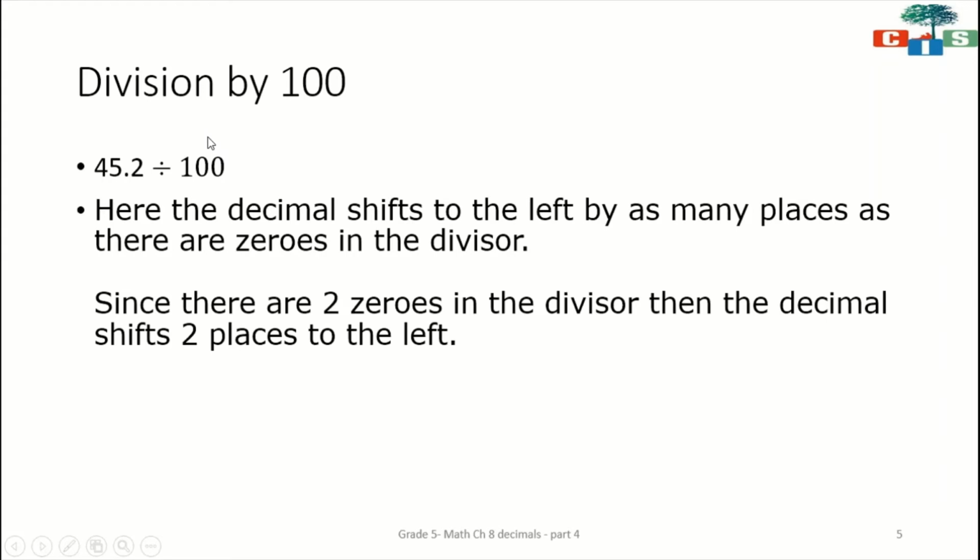We have 2 zeros in 100. So we have to shift decimal point by 2 digits to its left. Here we have decimal point between 5 and 2. So we have to shift this decimal point 2 digits to its left. So 1, 2. So this decimal point will come before 4.